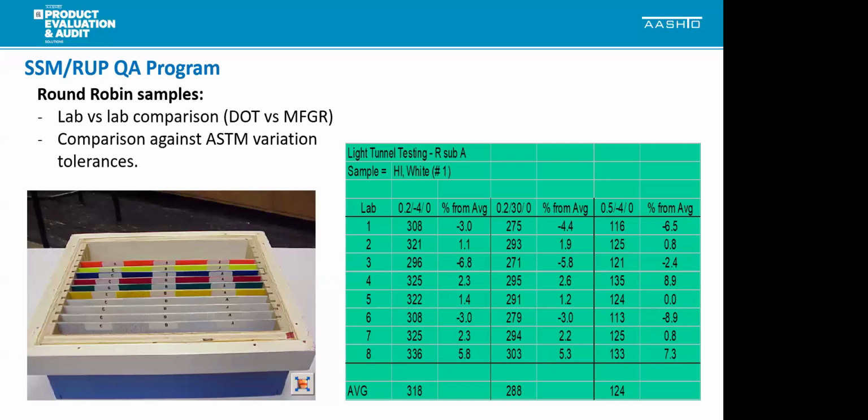So that's kind of a neat program that we can work with the manufacturers, and they can test these samples as well. And so we're making sure that we're all testing and seeing the same thing from these different types of sign sheeting standards.